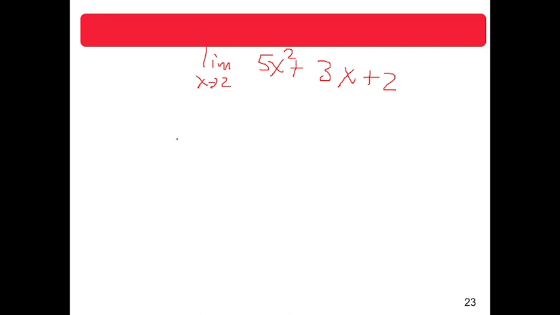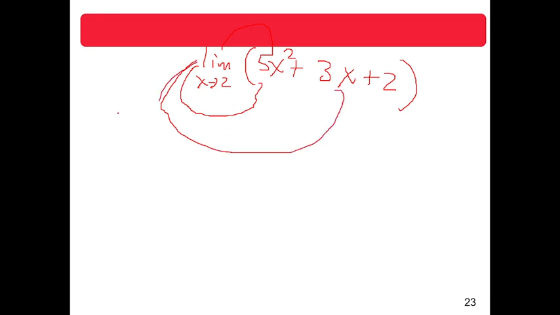But to show it, you are going to distribute the limit to each term. You have 3 terms, correct? So therefore, you are going to substitute it. Are you clear?